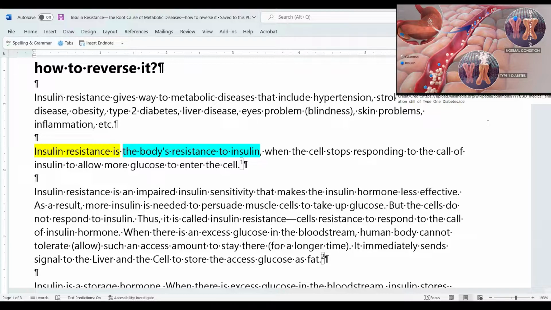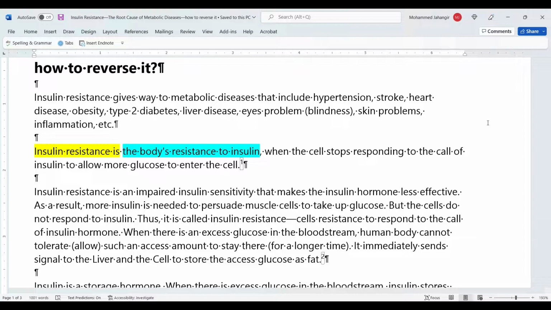As a result, more insulin is needed to persuade muscle cells to take up glucose, but the cells do not respond to insulin. Thus, it is called insulin resistance.